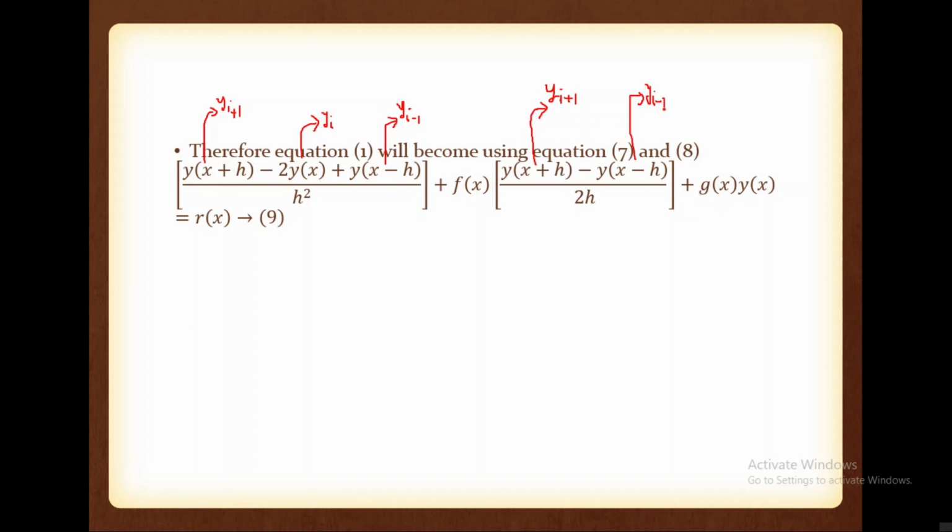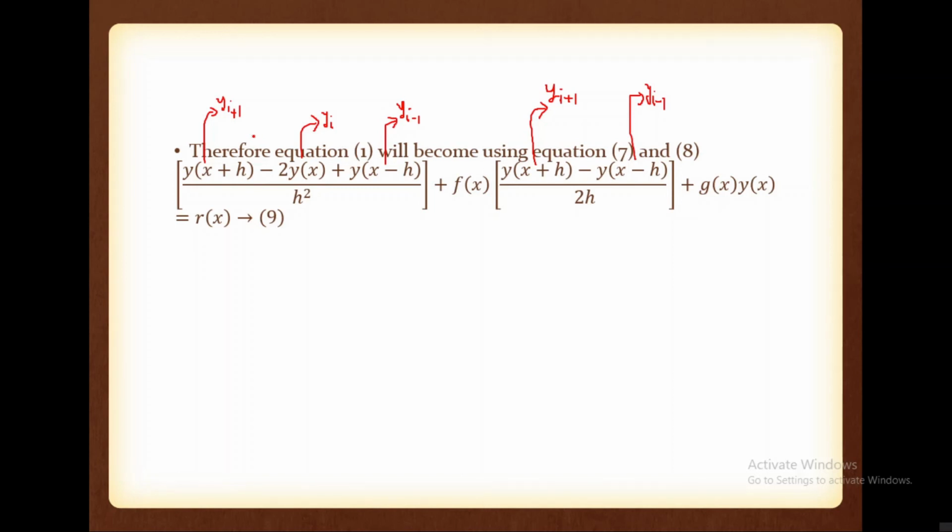Means what? This is actually y dash of x, that is dy by dx. We can replace dy by dx by using yi plus 1 minus yi minus 1 divided by 2h. Directly you can replace that. Directly you can do that. Okay. So please note d square y by dx square is, in your notebook, note it, d square y by dx square is equal to yi plus 1 minus 2yi plus yi minus 1 divided by h square.